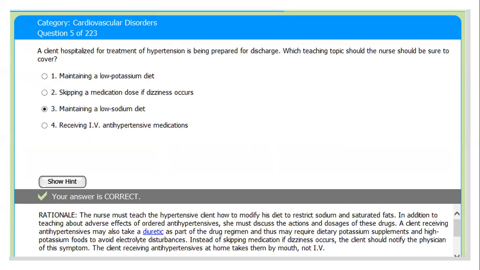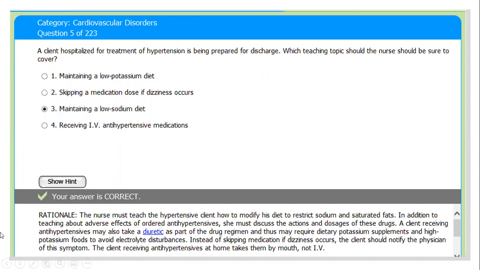So besides antihypertensive agents, we always have to educate them about the food that regulates the blood pressure, right? It is also important for self-education.